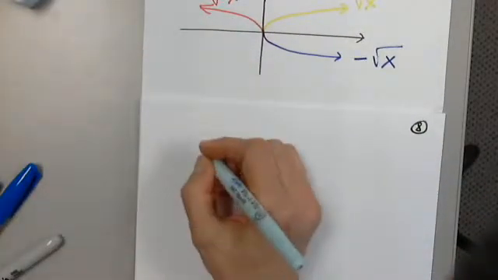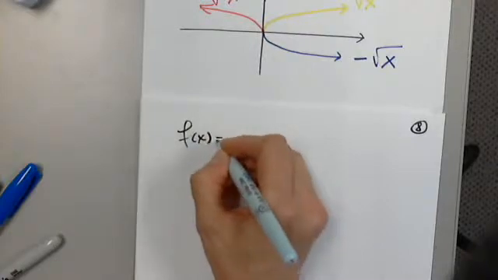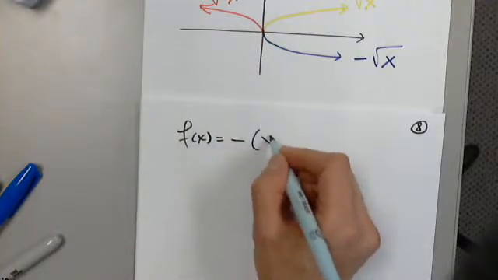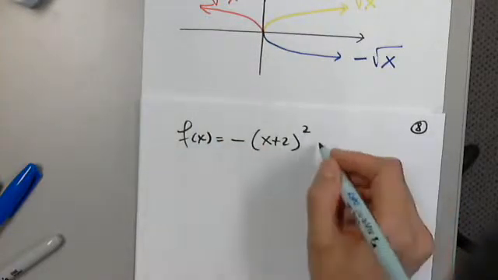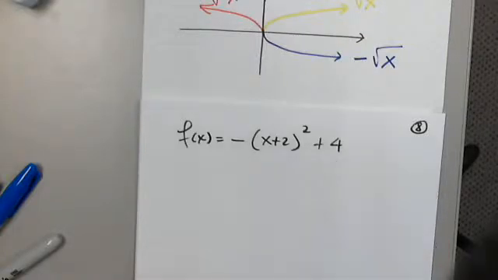Okay. So let's say we have f of x equals negative x plus 2 squared, plus 4. This is a lot more complicated function. Now the question is how many transformations we see here. Don't say anything just yet, because we have to write a note first.